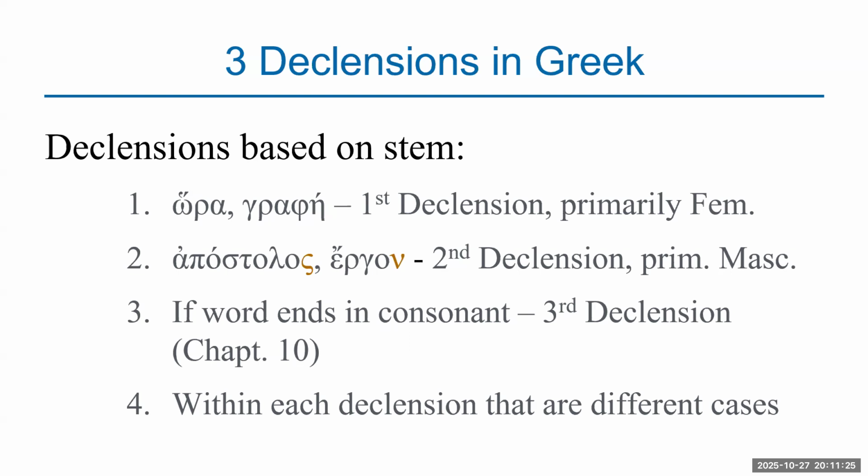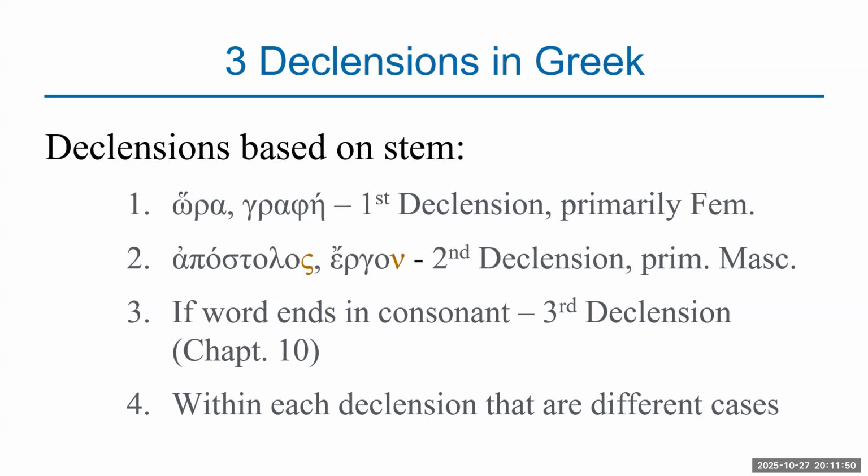So it's more important that you know that you see the first word there, number one, for the first declension. First declension is primarily feminine, hora or our. You see that word and instantly you ask yourself, what gender is it? It's feminine. And then what case is it? And what number is it?